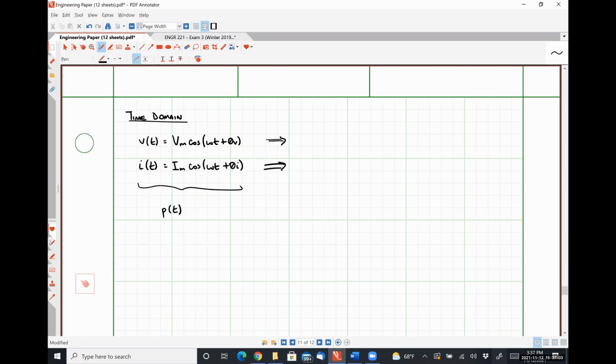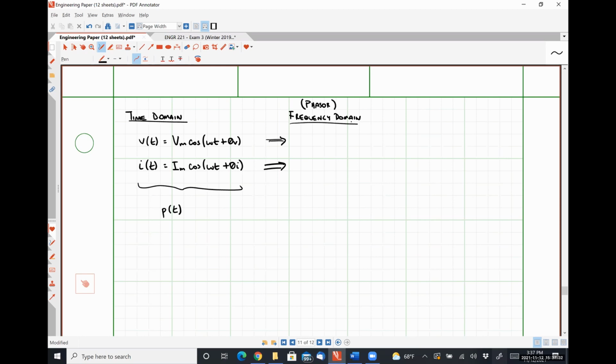Then we have our frequency domain. And I often refer to this as the phasor domain. Those two terms are interchangeable.